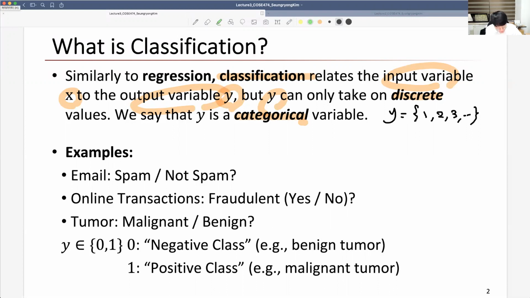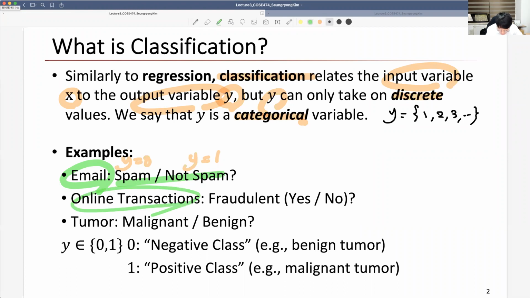Here's an example. If we want to classify an email as spam or non-spam, we can say that the output is 0 or 1, right? Another example is online transactions.